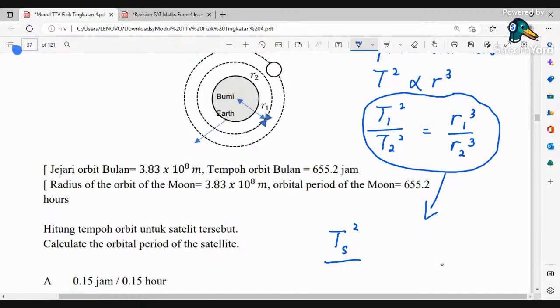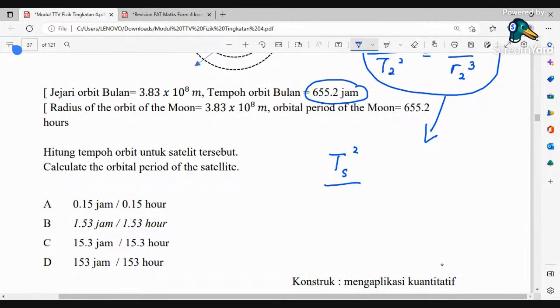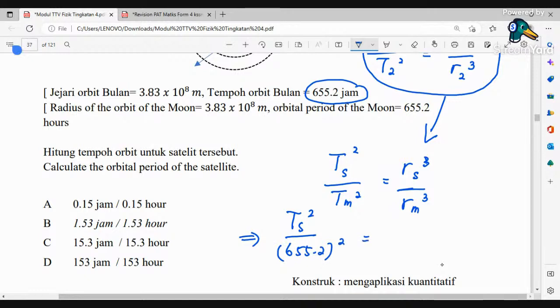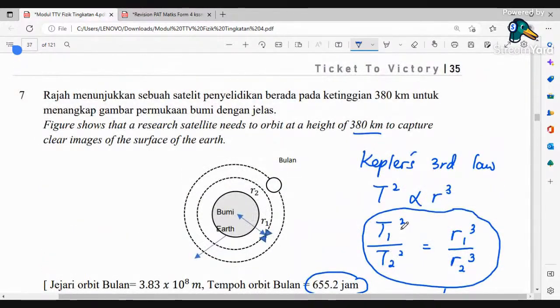T of the Moon, given in hours, is 655.2. So Ts squared over the Moon's 655.2 squared equals the satellite's radius cubed divided by the Moon's radius cubed.